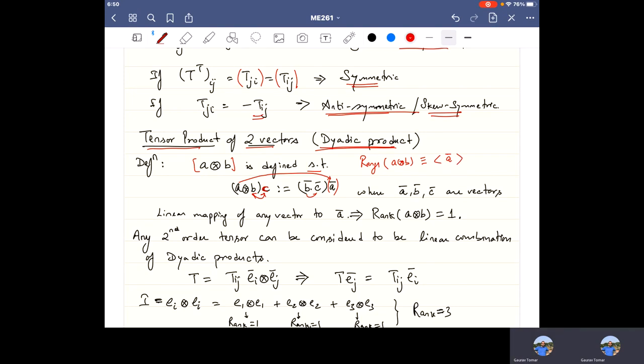Now the rank, which means the dimension of the range, would be 1.